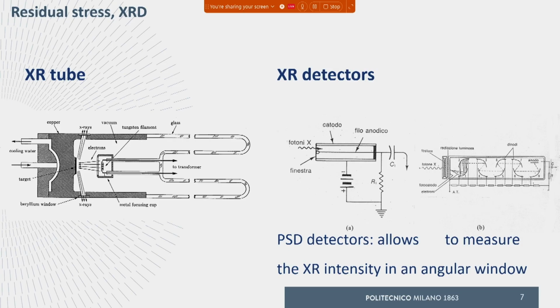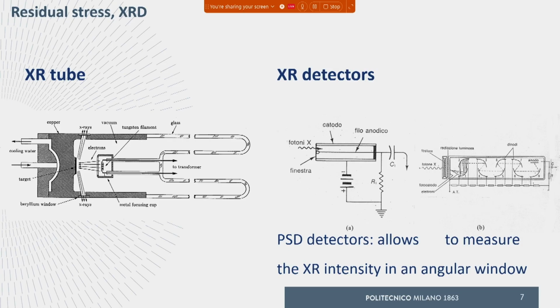Okay, and here are some traditional X-ray detectors. These are the X-ray photons. This is the cathode. This wire is the anode. And when a photon enters the detector, there is a change of the electric signal, and finally we can relate the number of photons that are hitting the detector to the intensity of the X-rays.